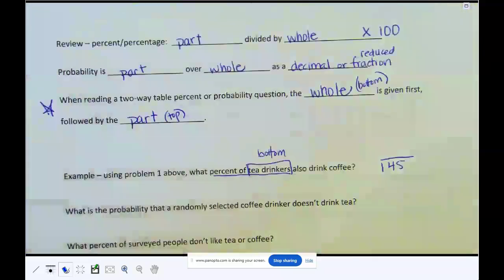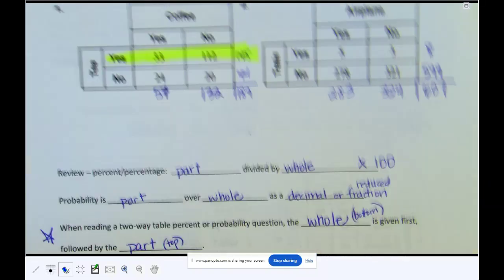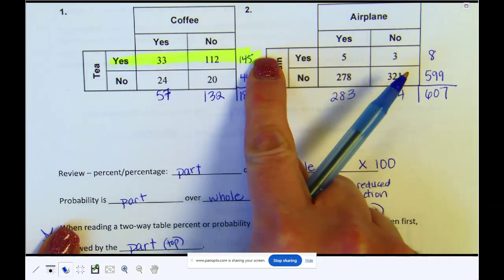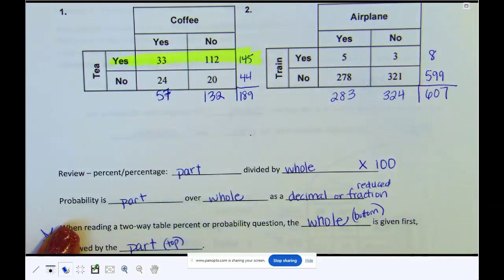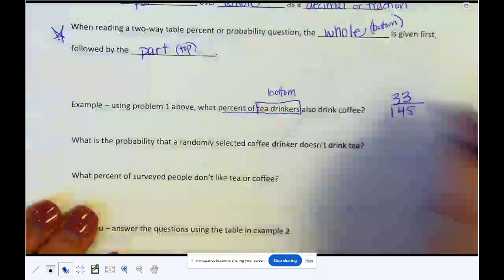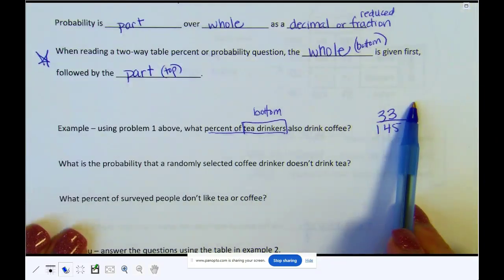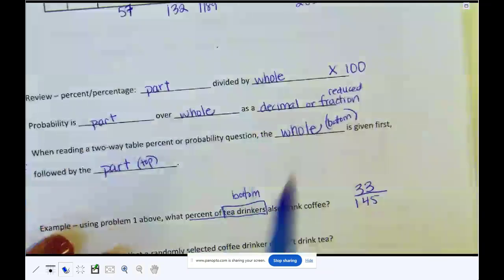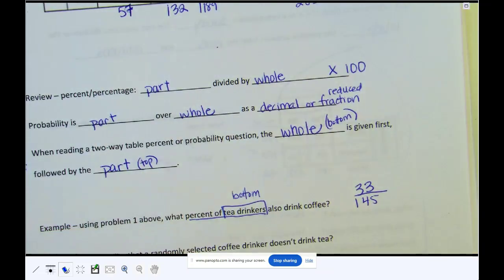Now, of those people, so I've just limited us down. That's why I used the highlighter. Of the tea drinkers, how many also drink coffee? 33. These are the yes people. There are 33 people who also drink coffee and tea out of a total of 145 tea drinkers.